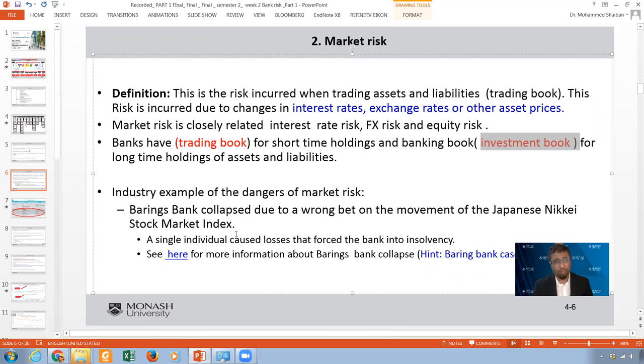The individual who was running this trading book made losses of 1,460,000,000, while the bank's total capital was 860 million. So as you can see, the losses coming from the market risk overcame the capital, and in this case, the capital couldn't buffer those losses and the bank dropped.